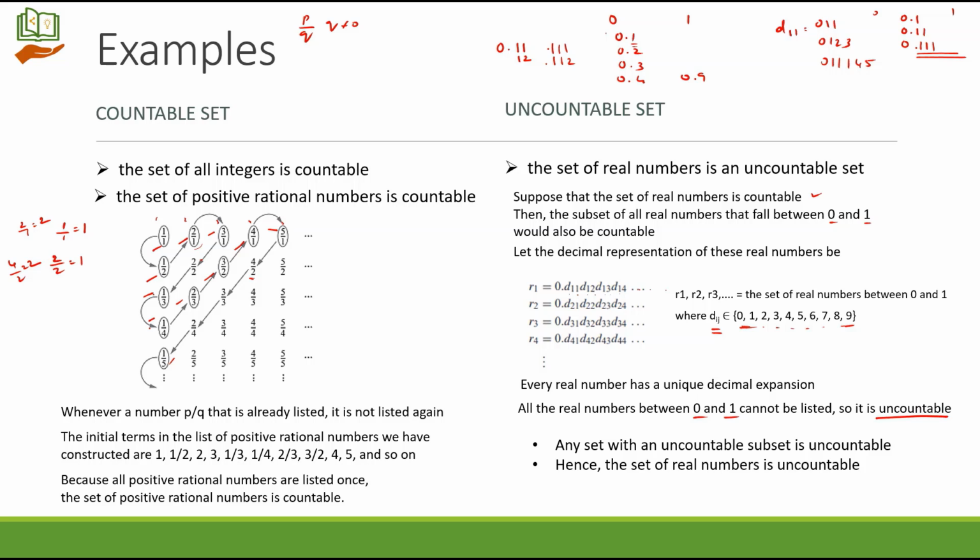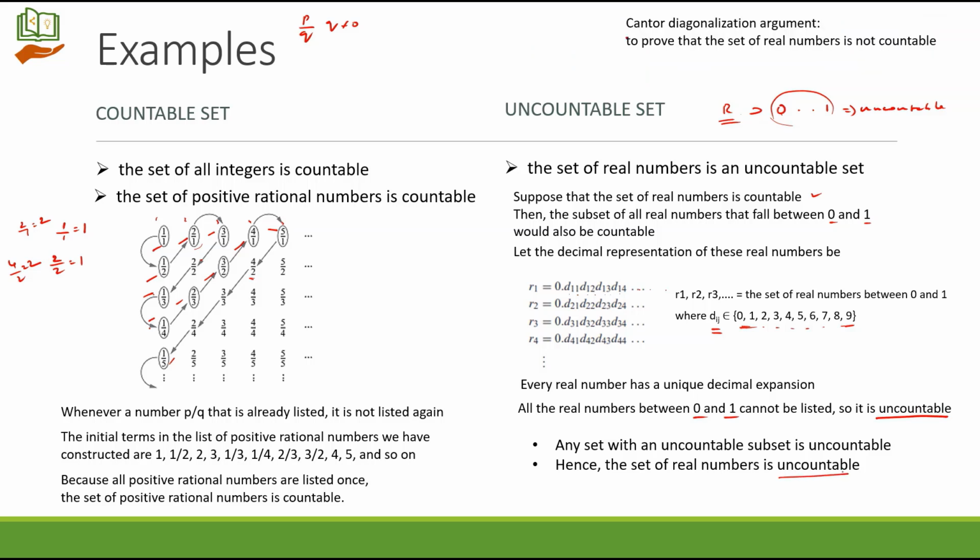So the 0 to 1 range has been declared uncountable based on this representation. This is a subset of the real numbers. If a subset itself is uncountable, then the superset will definitely be uncountable. Hence, the set of real numbers is uncountable.